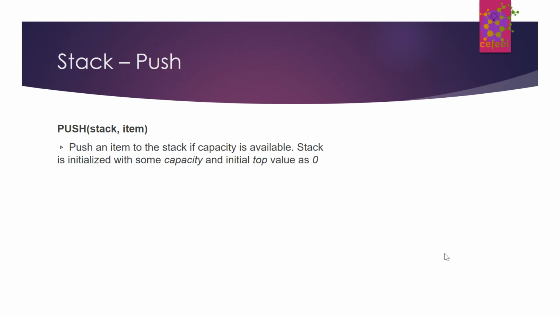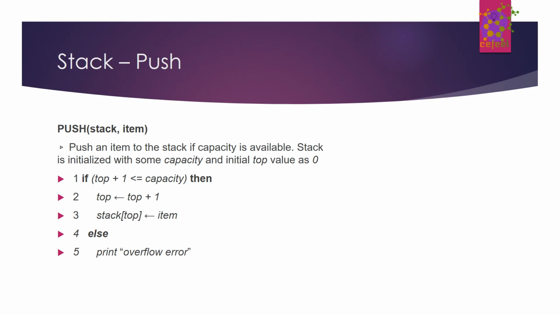This procedure will push the item to the stack if capacity is available. We are assuming the stack is initialized with some capacity, a variable which is used to initialize the stack, and the initial top value is 0. So when top is 0, there are no items in the stack.